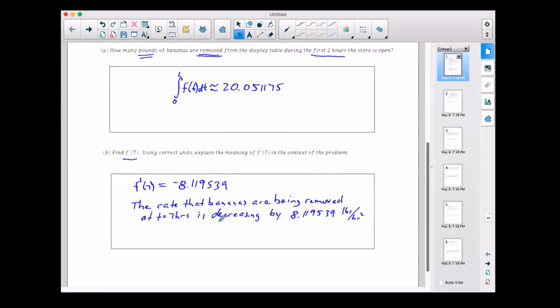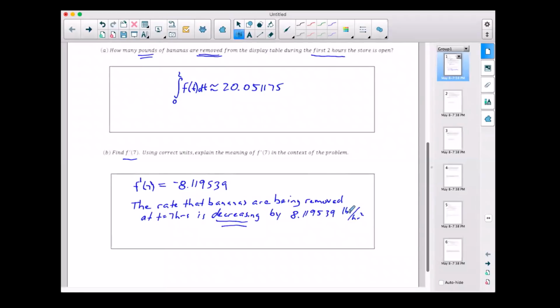First of all, I use the word decreasing here. And because I use the word decreasing, I didn't want to put this as a negative number. If you put the word decreasing and then you also put a negative number here, you've essentially done a double negative. You're saying it's decreasing negatively. Those two things kind of cancel out and you end up not saying what you want. So if something is decreasing, don't include the negative in your explanation. Second of all, look at the units, right?